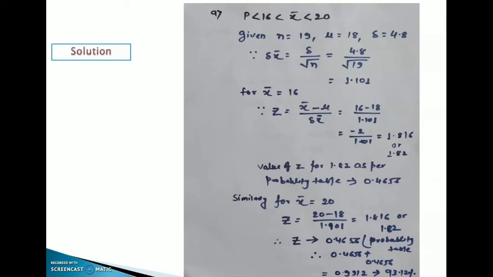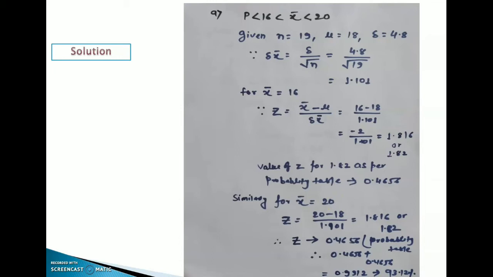Now we see the value for z of 1.82 in the probability table given in the annexure. There you will get 0.4656.